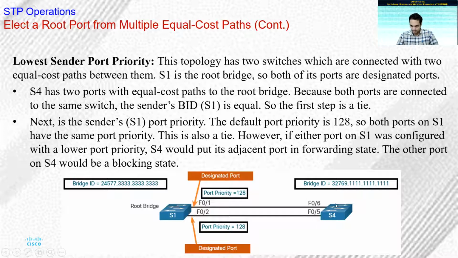So for S4, designating which one of these two ports, F0/5 or F0/6, as the root port will depend on the port priority of these two ports. If F0/1's port priority is less, maybe 100 or 10, automatically F0/6 will become the root port and F0/5 will become the alternate port. Vice versa also. If F0/2's priority is less, F0/5 will become the root port.